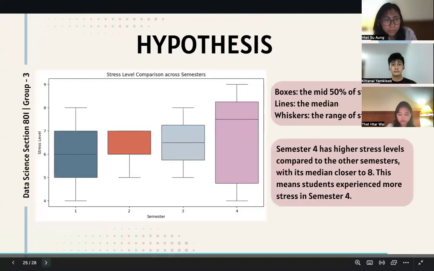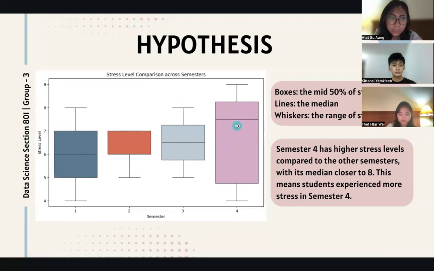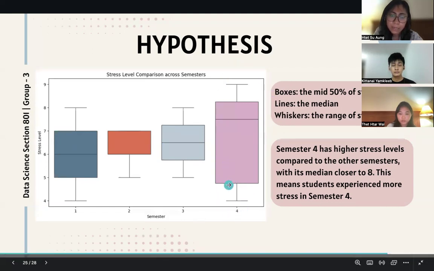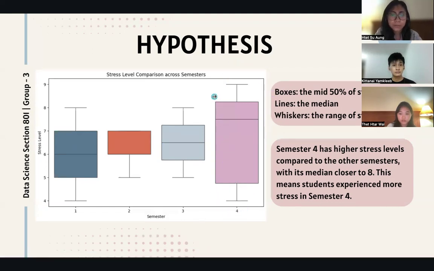And as we explained in graphs, here is our box plot. In this box plot, the box is the middle 50% of the stress level of each semester, and this line is the median for each semester. These whiskers are the upper bound and lower bound of the box plot.